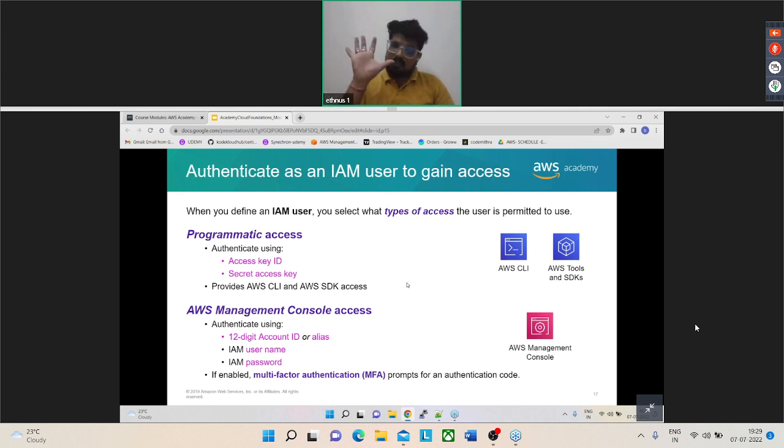Because the principle is that we only provide the least access to a particular person. Suppose today I'm working on a single service, then I should get access for that single service. Tomorrow in my job profile, more services will be added, then my supervisor or manager will add more permissions to my user ID to access those services.